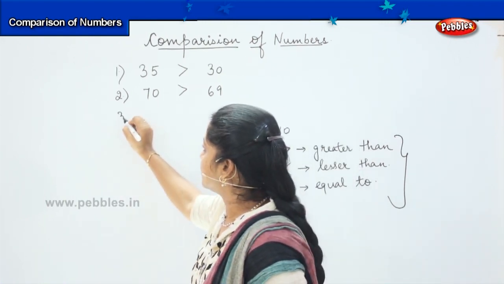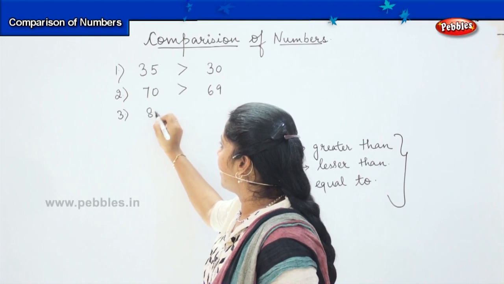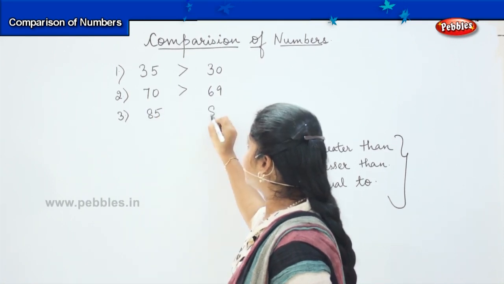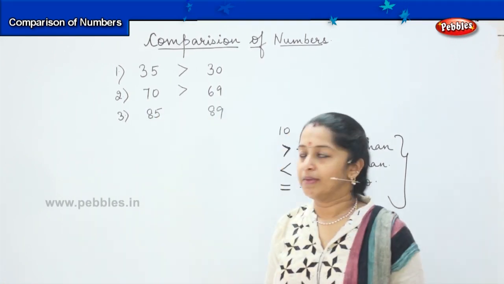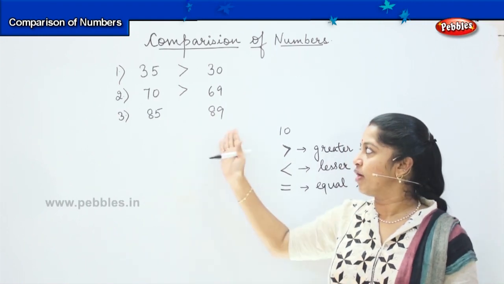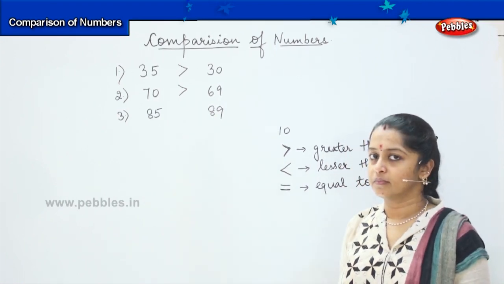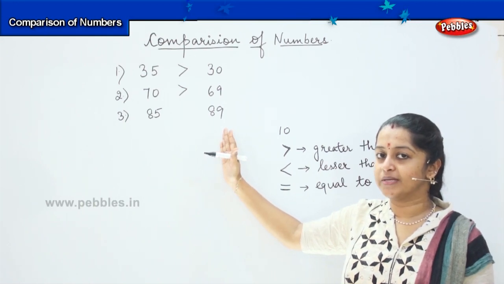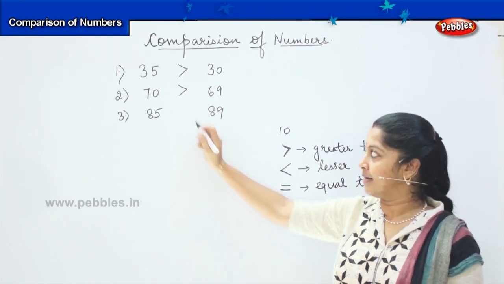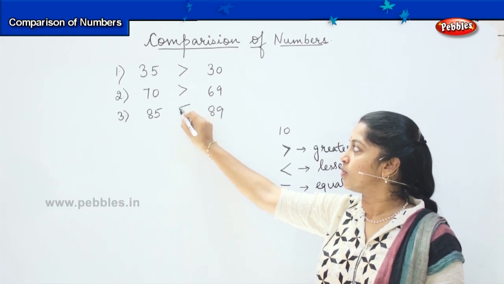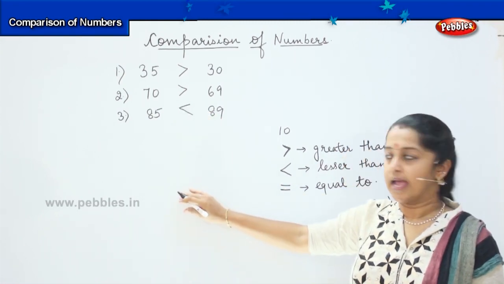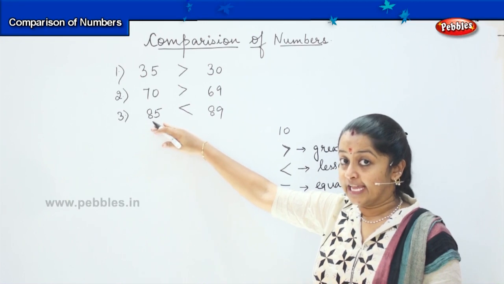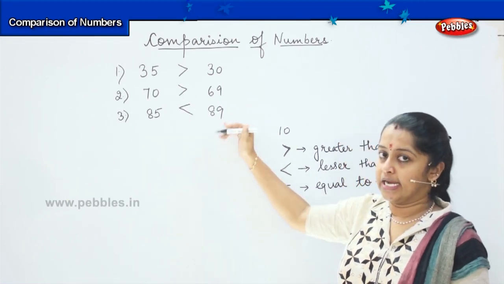Here is your next one. 85, 89. Can you tell me which is bigger? Is it 85 or 89? 89. So, which number is going to be eaten? 89. So, this will come towards this end, and 85 is lesser than 89.